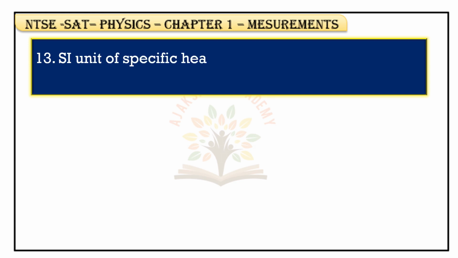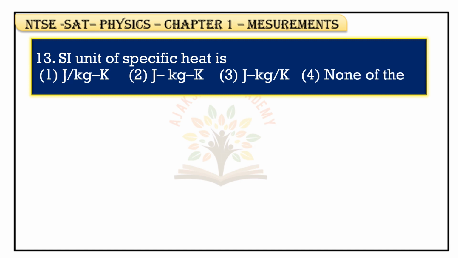Next. SI unit of specific heat is joule by kilogram Kelvin, joule kilogram Kelvin, and joule kilogram by Kelvin, none of these. Now first we will discuss from the formula for heat.